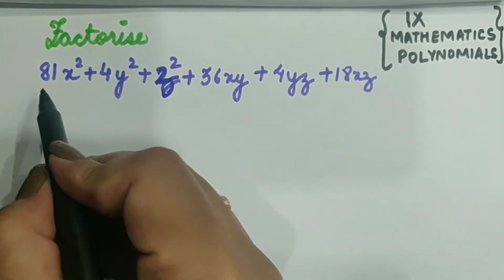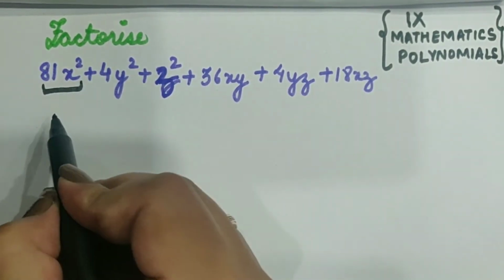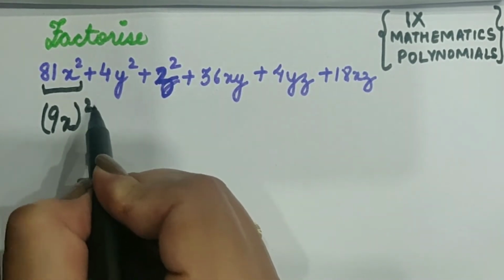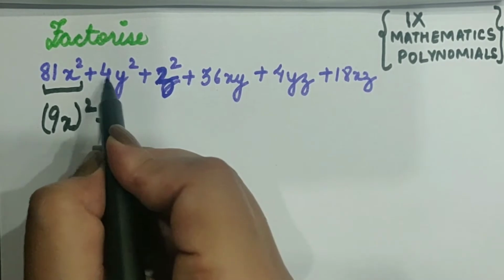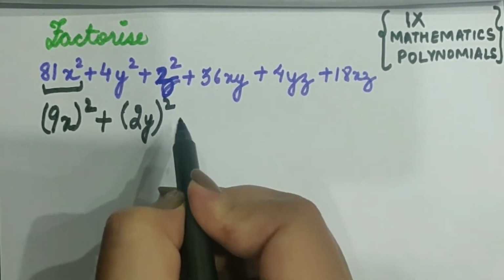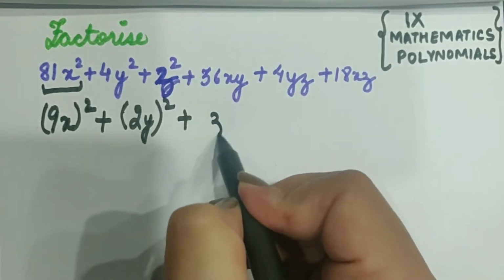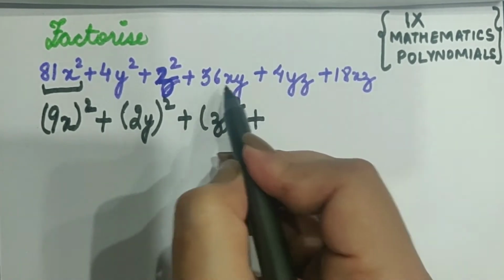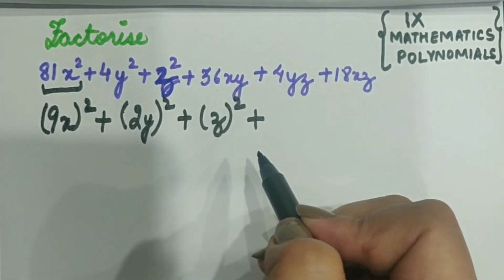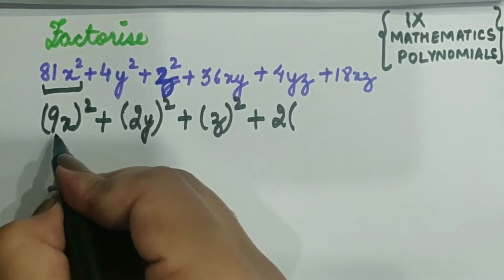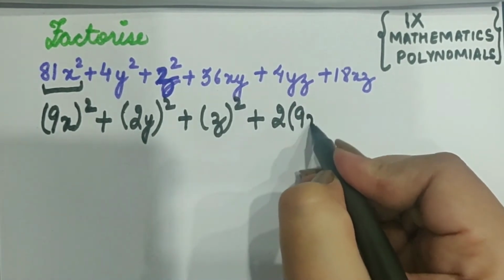Now here 81x square can be written as (9x) whole square, plus, as it is, this 4y square can be written as (2y) whole square, plus this z square can be written as (z) whole square, plus this 36xy can be converted in terms of 2 times first into second.